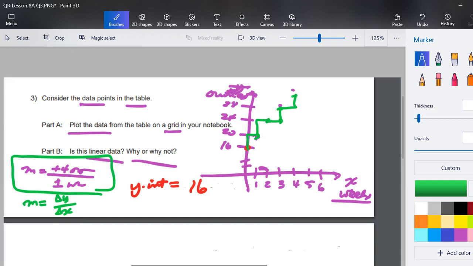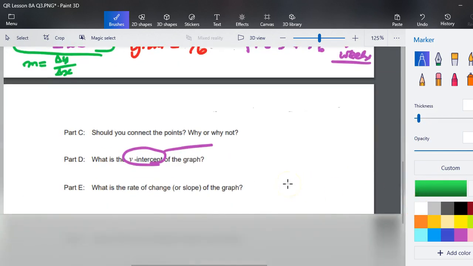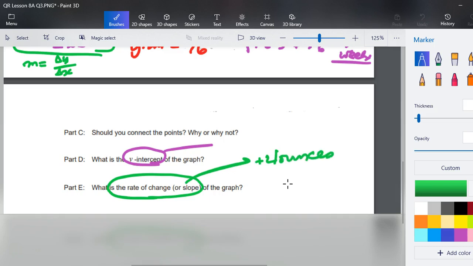So our slope is 4 ounces per every week. And I'll go ahead and write that down over here. The rate of change, put that one in your vocabulary, or the slope is we have an increase in 4 ounces per every 1 week. And using words is going to be very beneficial in everything we do in this course.